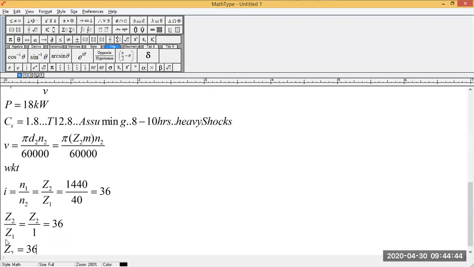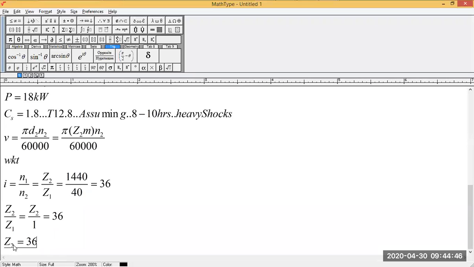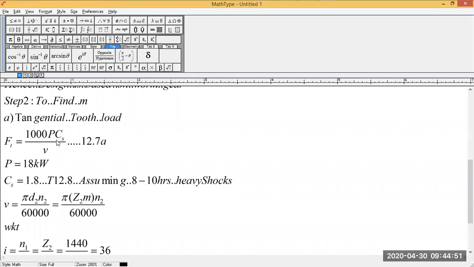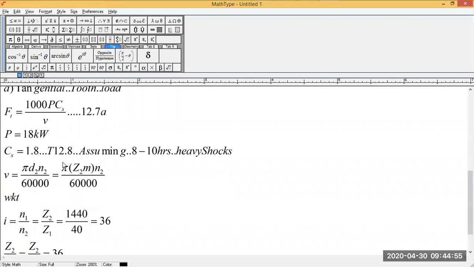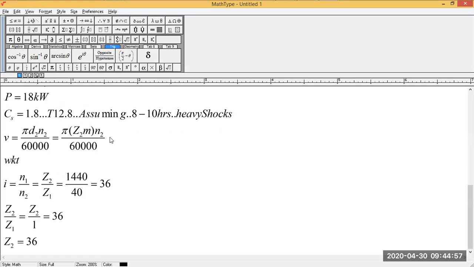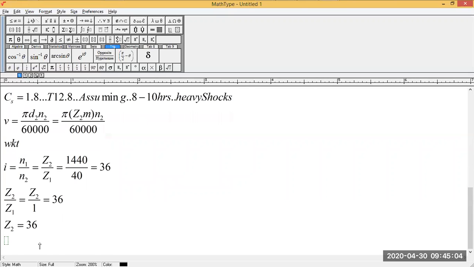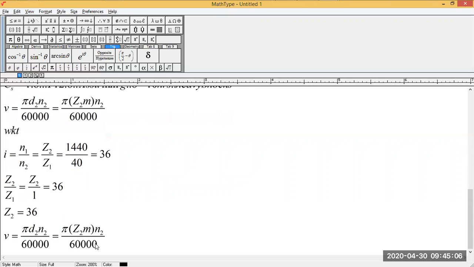Once we find the number of teeth on the gear, we can use it in the velocity and ultimately determine the tangential tooth load acting on that particular gear tooth, right? So we'll take this equation here. Let us solve for velocity now.